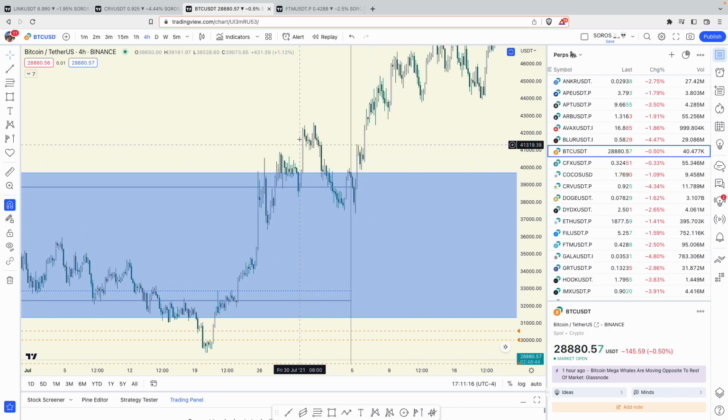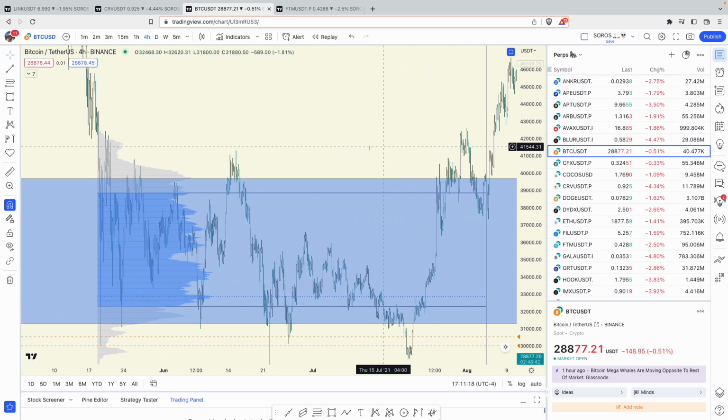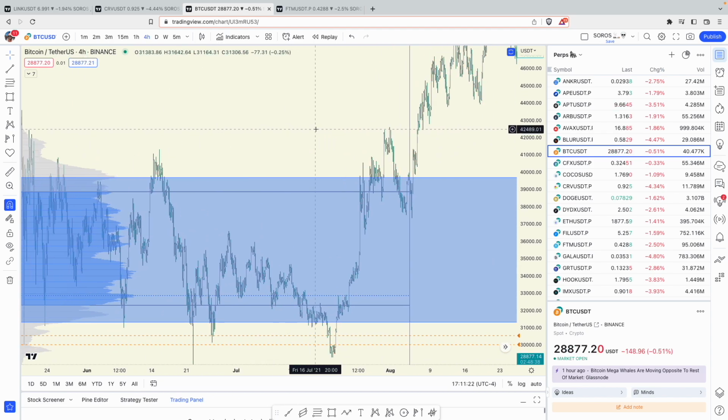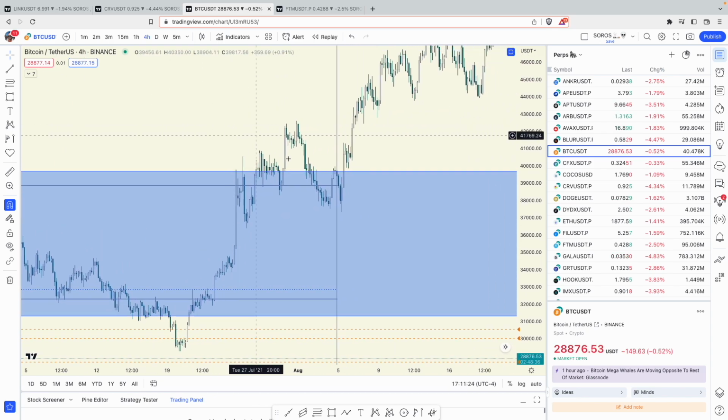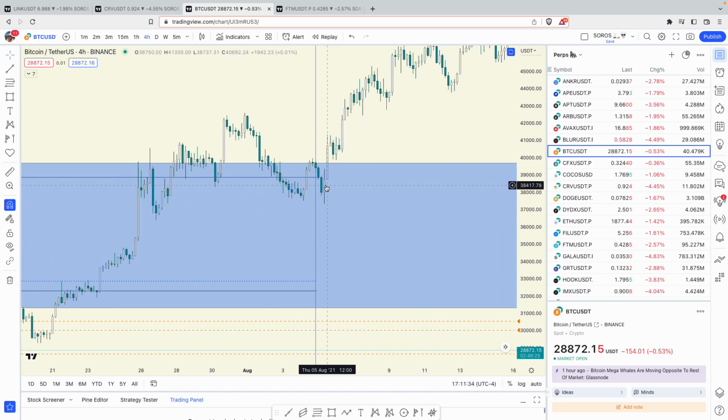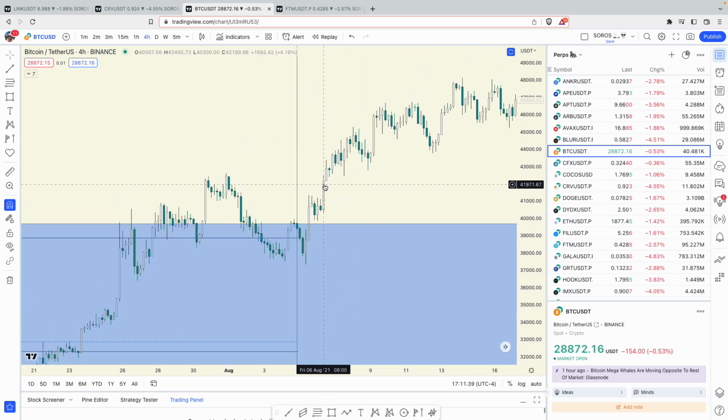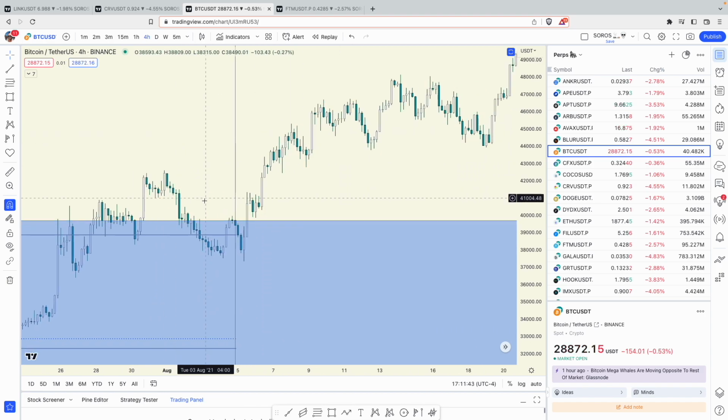The idea is some people got faked out over here, but that was just a liquidity grab of this and this. You want to see a very strong back test of the value area high over here, where you can see it hit once, twice, and then on this candle you're starting to get momentum, and then you build a cluster, you break structure, and you start leaving the range.